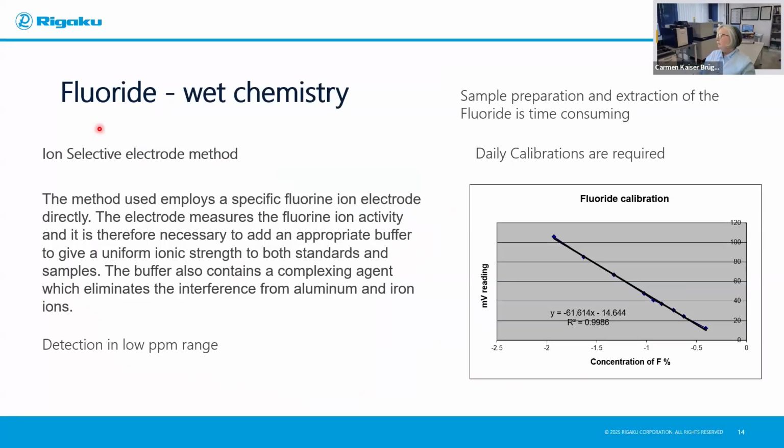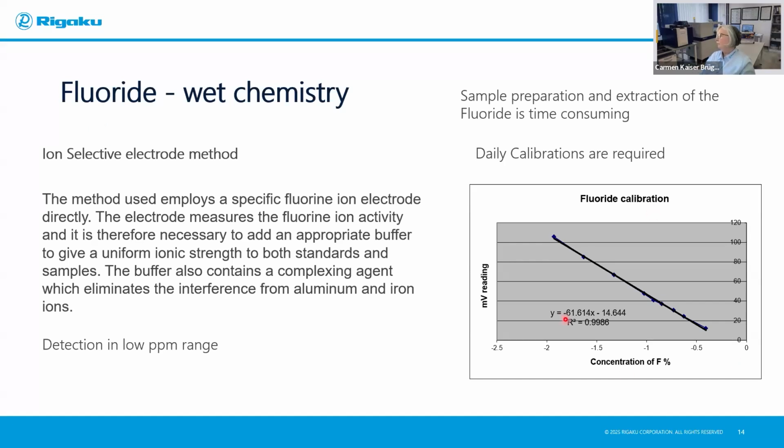So traditionally, in the old days, or even now, today, we do the determination of fluorine using the ion selective electrode method. So here we have an example of how tedious this kind of measurement is, because here you can see that sample preparation and extraction is extremely time consuming. You would need to set up your calibration standards, add the ionic strength adjusting buffers, and set up a calibration that looks something like this.